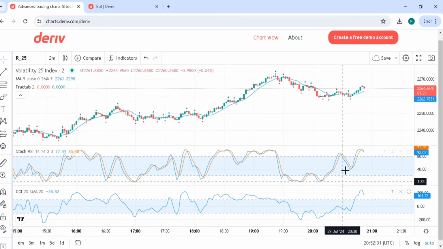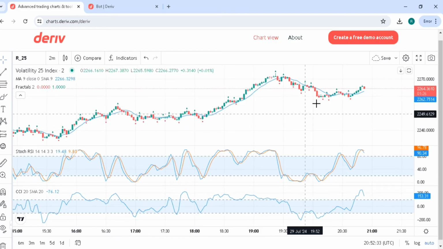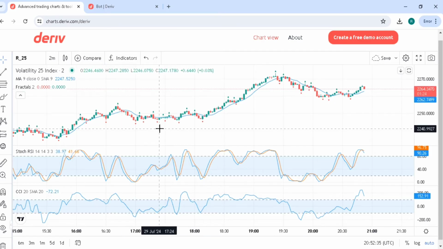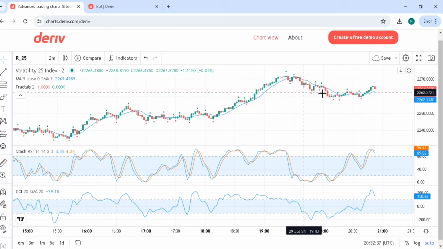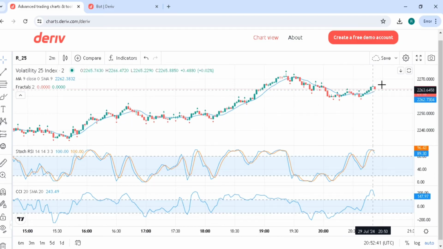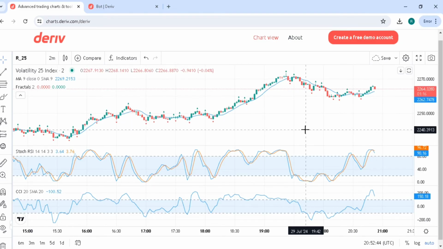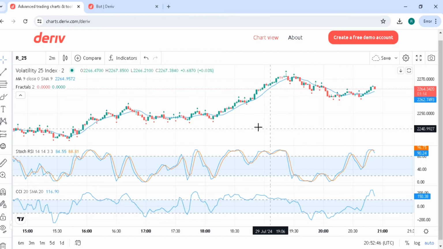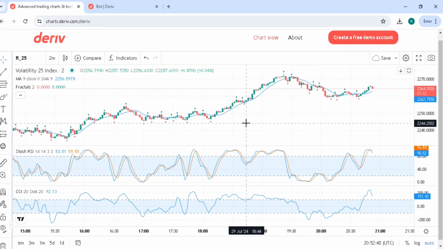That's very important. Remember, we also said when you want to trend using the moving average as an indicator, you must always ensure that when you are trending, the candlestick that is being formed is not touching the moving average.